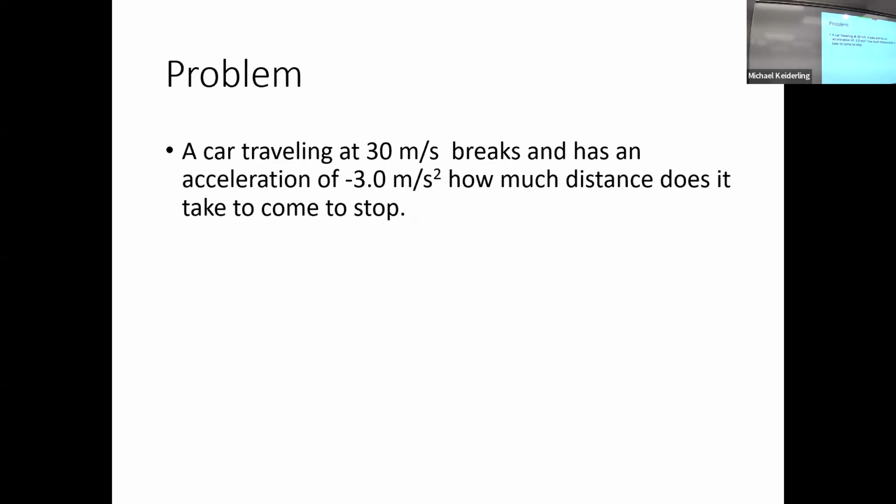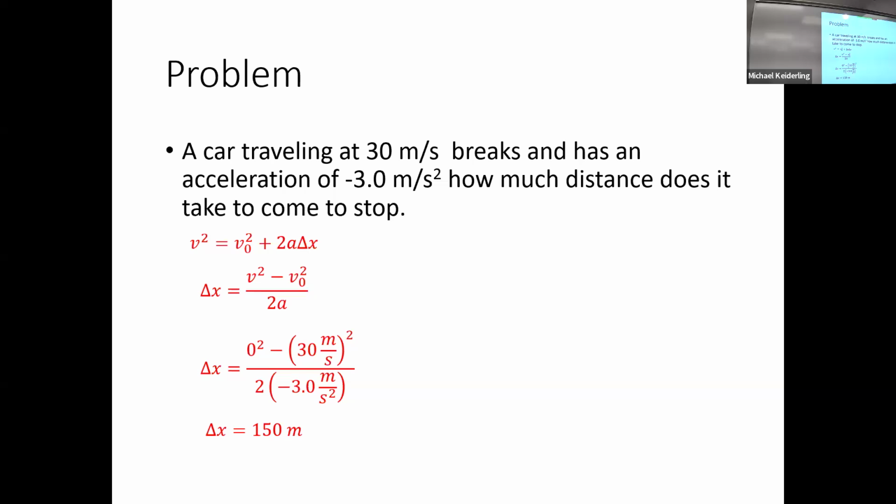So here, if you have a car traveling at 30 meters per second, brakes, and has an acceleration of minus 3 meters per second squared, how much distance does it take to come to a stop? Velocity squared is initial velocity squared plus 2 times acceleration times delta x. If we solve for delta x, it is final velocity squared minus initial velocity squared over 2 times acceleration.